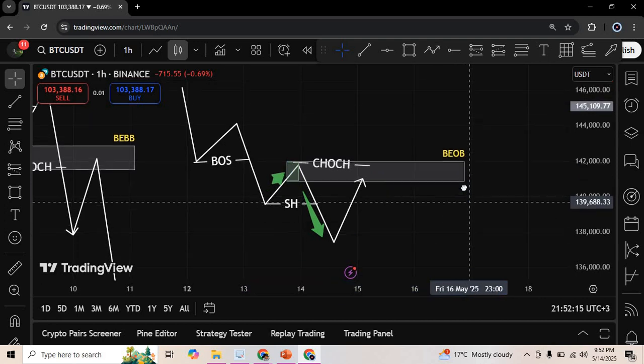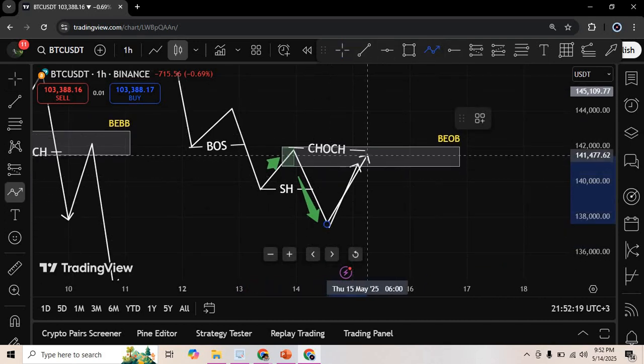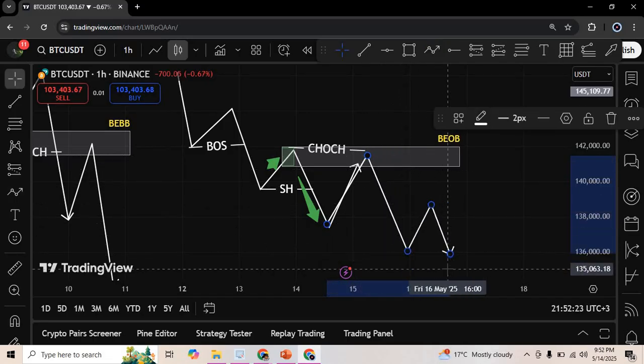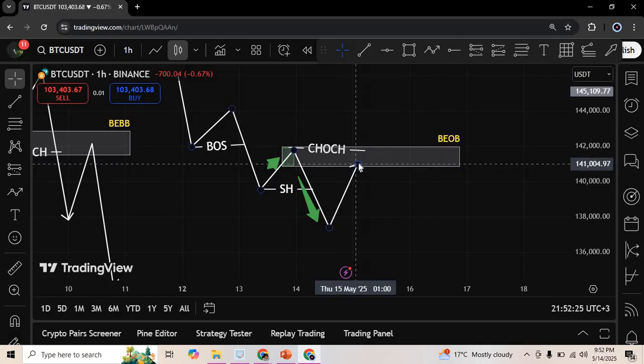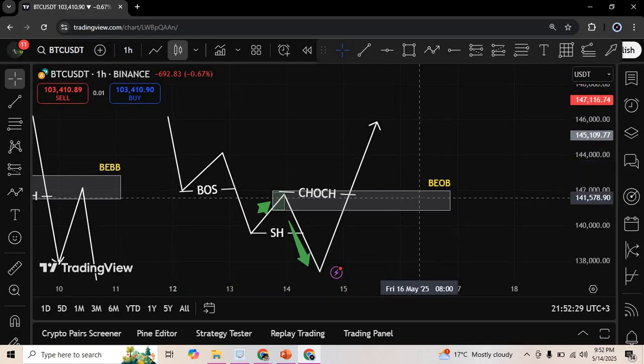So what we expect the market to do is come into the zone of the bearish order block and continue with the bearish trend. But what happens is this market actually disrespects that. So a disrespected bearish order block becomes what? Levy, tell us.